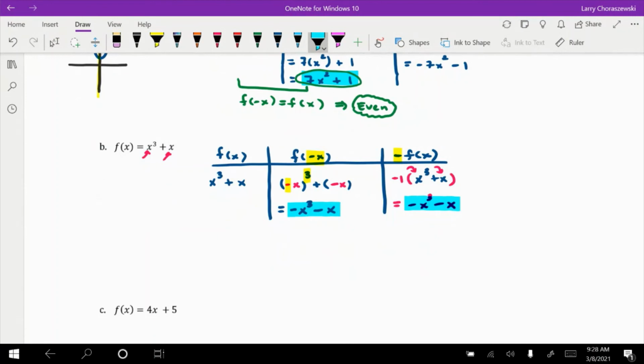Yep. So the results from these two columns match each other. And because of that, it demonstrates that f of negative x is equal to the opposite of f of x. And based on page 1, this would mean that our function is odd. Okay?